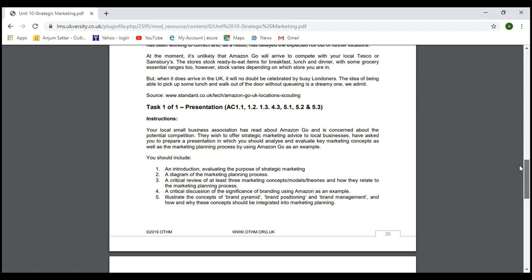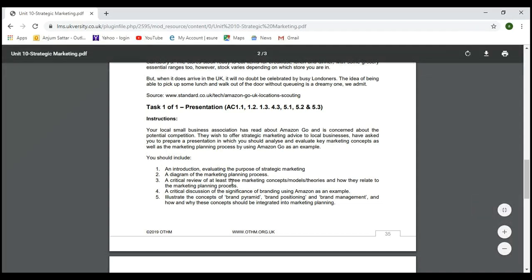So you can discuss what strategic marketing is, with Amazon Go as an example, an introduction, evaluating the purpose of strategic marketing, which we discussed in today's lesson as well. Diagram the strategic planning process. I already copied the picture diagram.